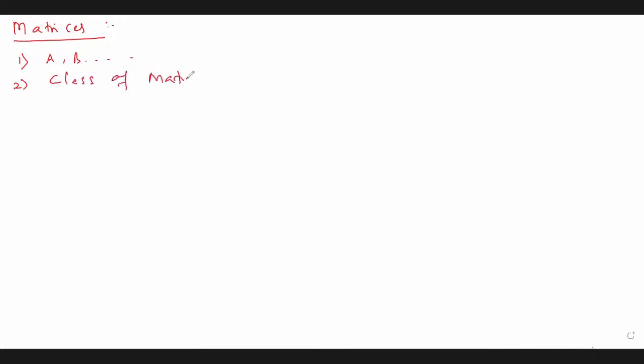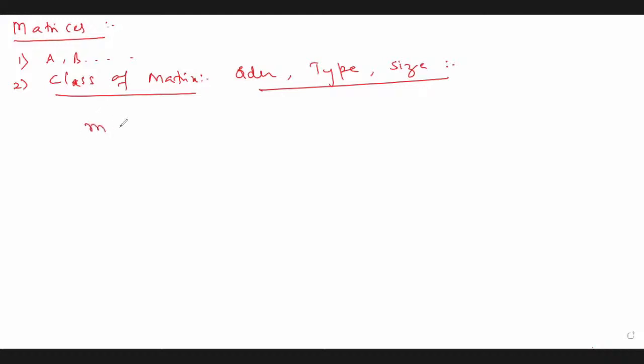Class of matrix, or order of matrix, or type of matrix, or size of matrix. The meaning is same, right? Now, if a matrix consists of m rows and n columns, then the class of the matrix is represented by m by n.